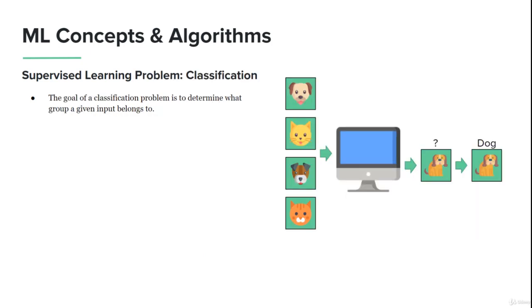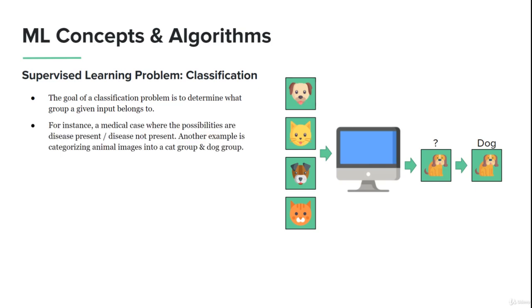Now let's go to the supervised learning problem, which is classification, okay? The goal of a classification problem is to determine what group a given input belongs to. So we can see here on the right-hand side some images of a couple dogs and a couple cats.